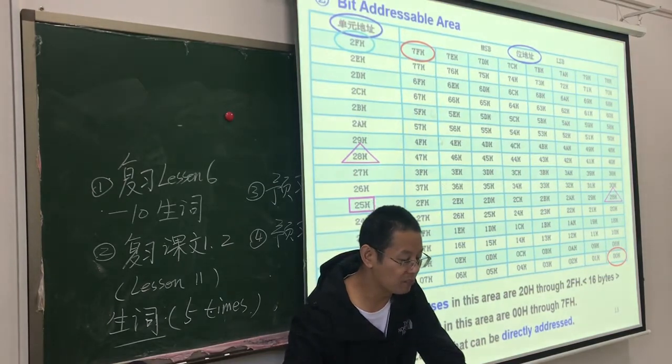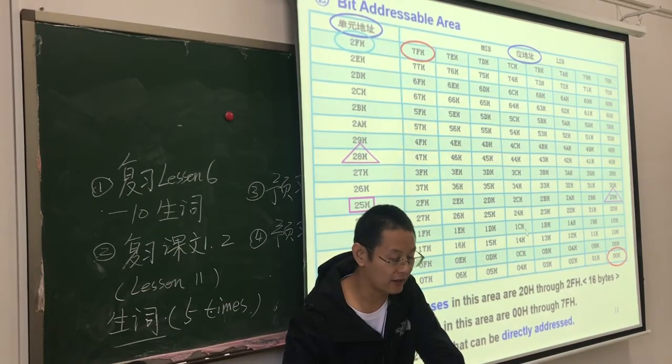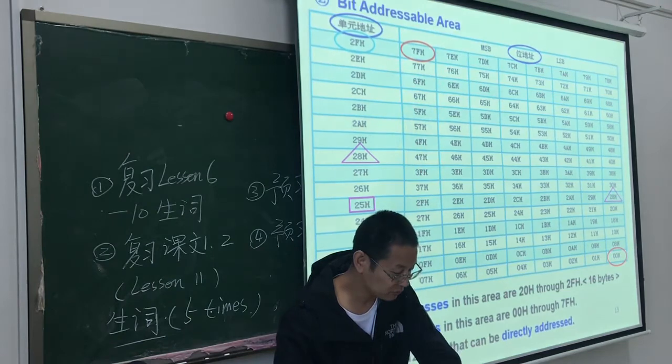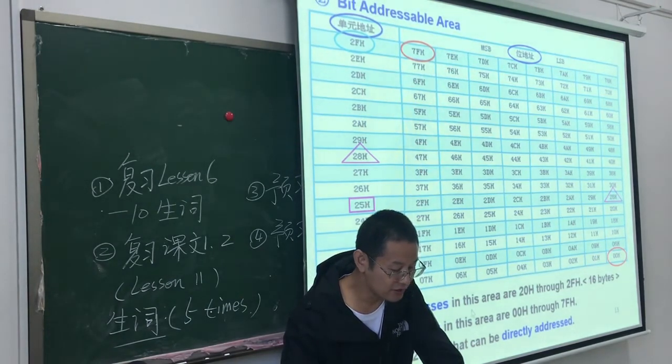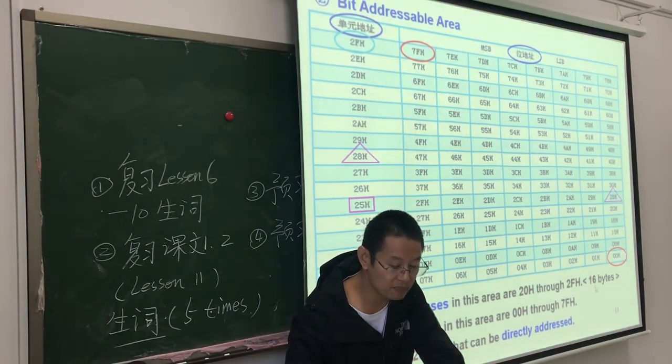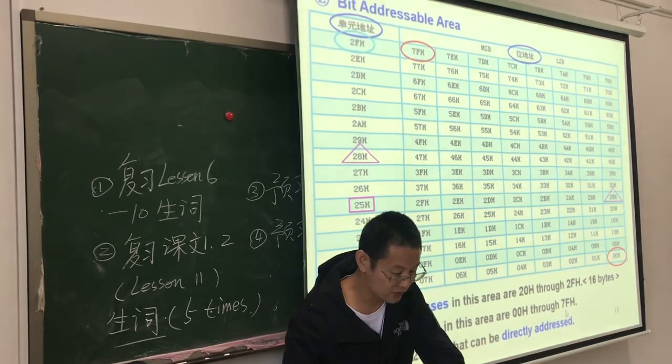The second part is the bit addressable area, which means in this area you can access according to byte or bit. The byte addresses in this area are 20H through 2FH, 16 bytes. The bit addresses in this area are 00 to 7F.